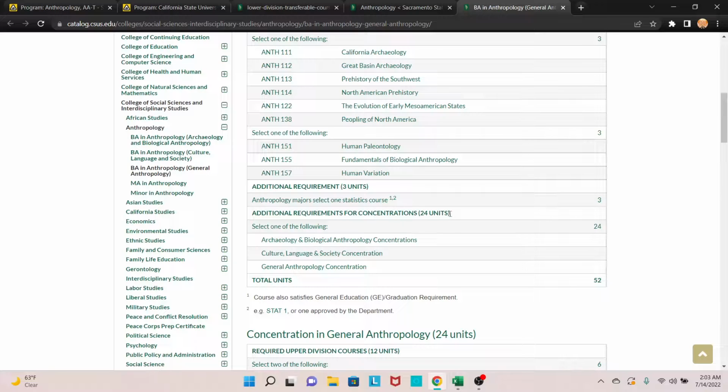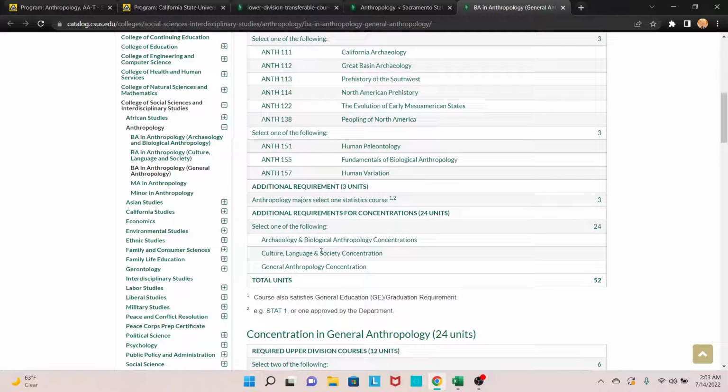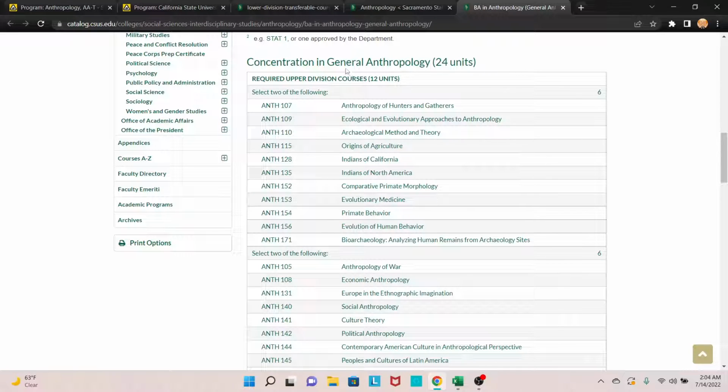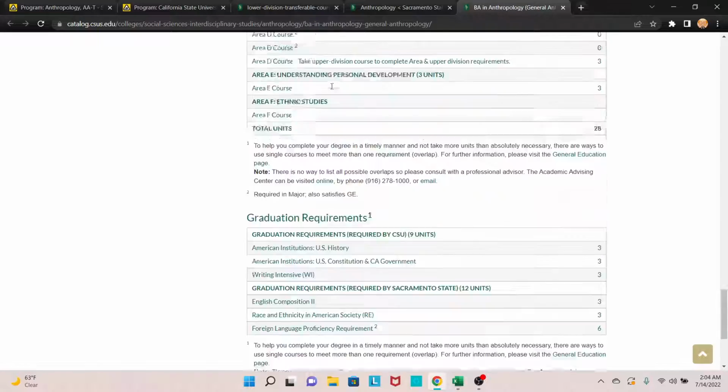And then it looks like this is additional requirements for concentration, which means that I can pick one of these 3 concentrations: archaeology and biological, cultural, language, and society, or general anthropology, and figure out one of these concentrations through this list down here.